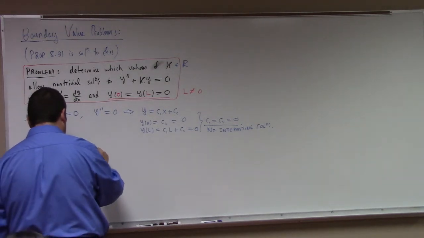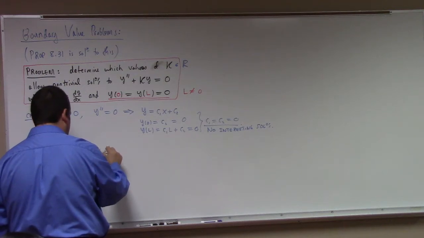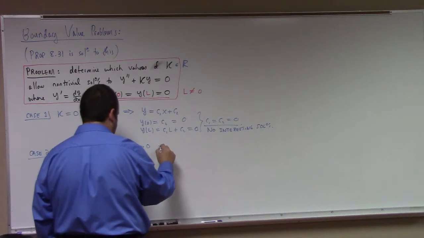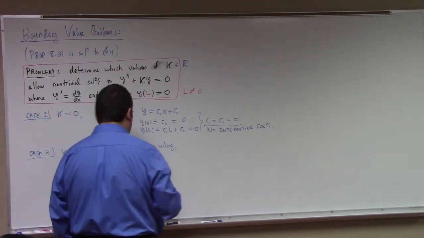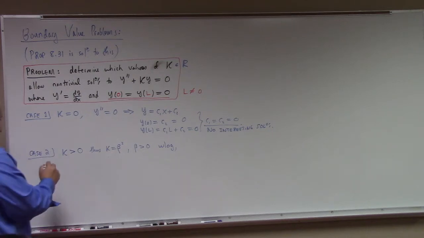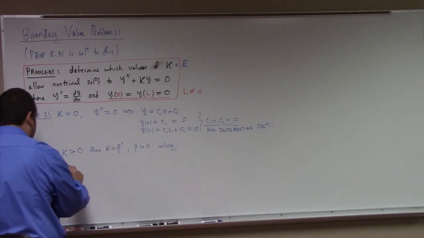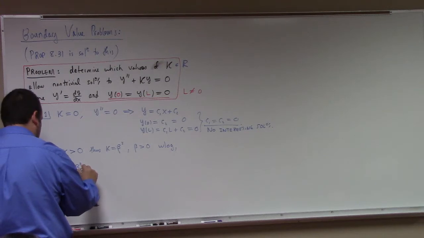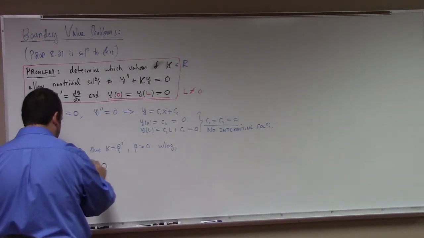So let's say k is equal to beta squared for beta positive without loss of generality. Right? And we're trying to solve then y prime prime plus beta squared y equal to 0.